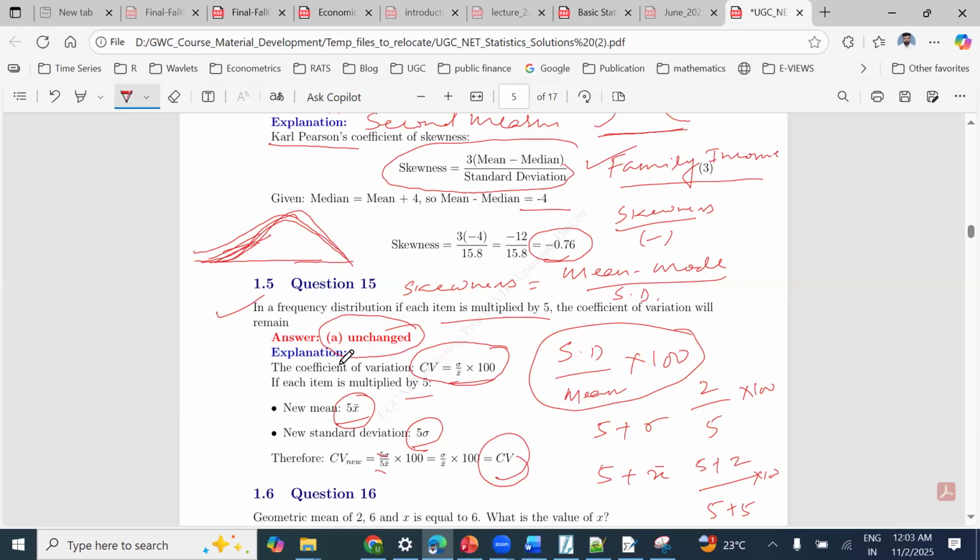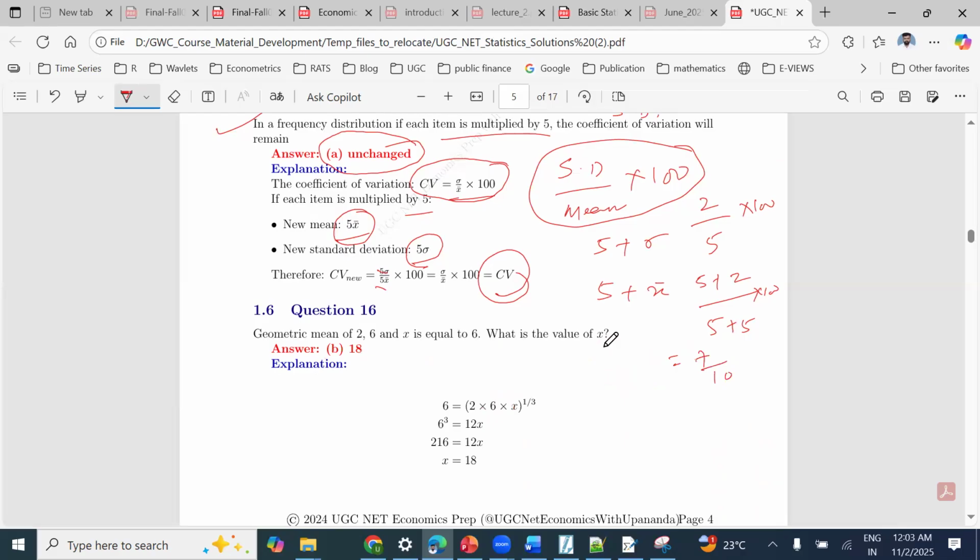Independence of origin, change of origin and change of scale is one very important characteristic. The second important factor is whether it is independent of unit of measurement or not. I think yesterday I forgot to discuss that. That is why I brought this.